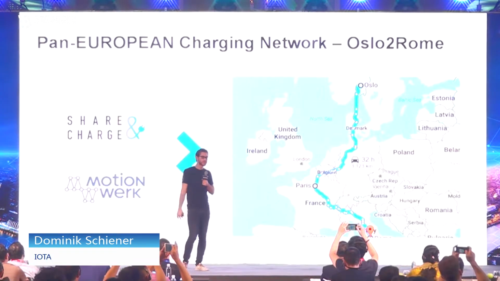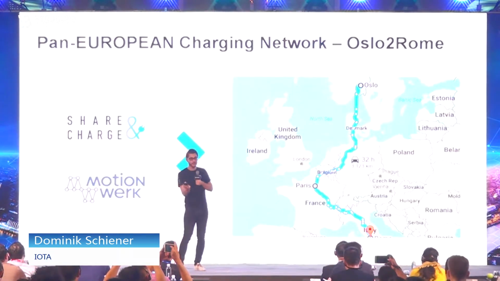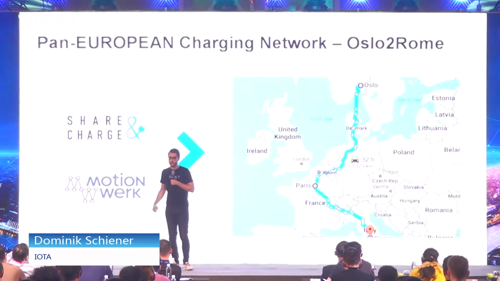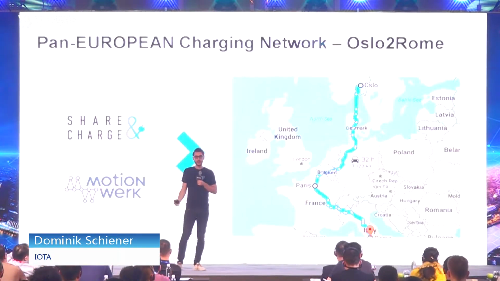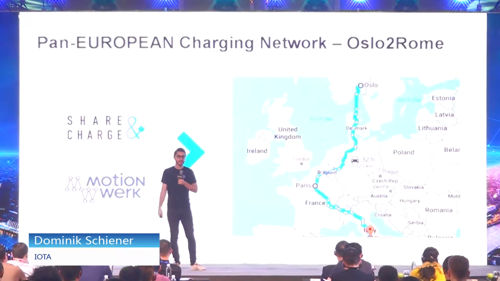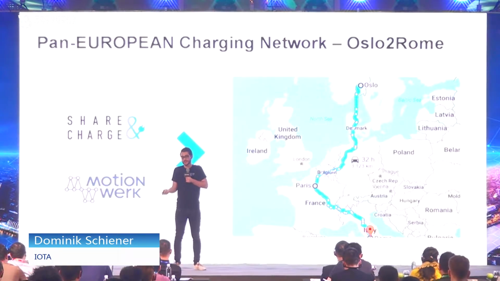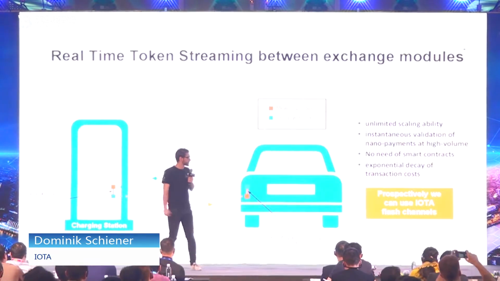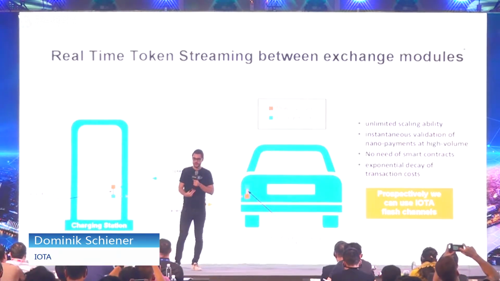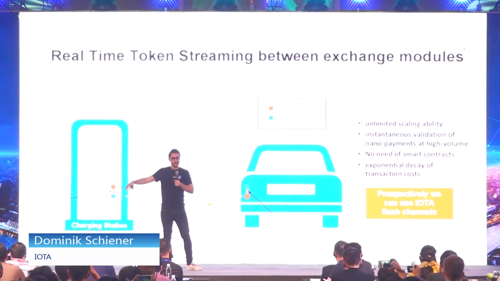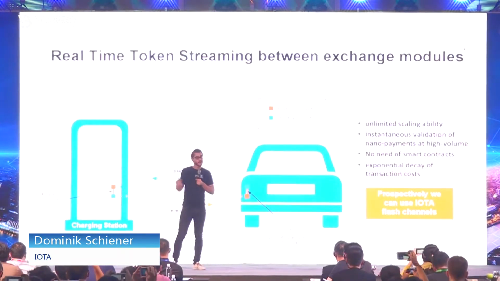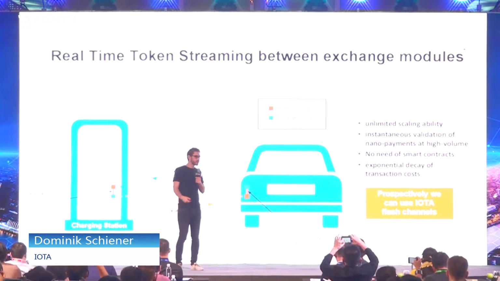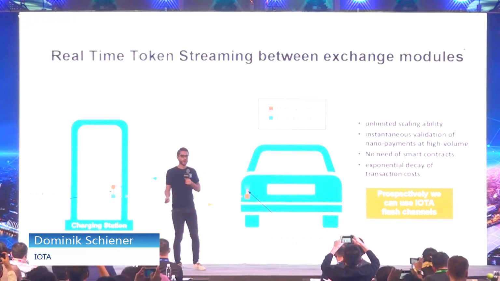We're simulating an entire network of cars driving from Oslo to Rome, and our intention is also to compare Iota with Ethereum in this use case, to showcase that you don't need smart contracts when it comes to EV charging. The proof of concept is structured so that the EV charging station has a wallet, the car has a wallet, and they're able to transact directly with each other. With this use case, we're simulating these interactions.